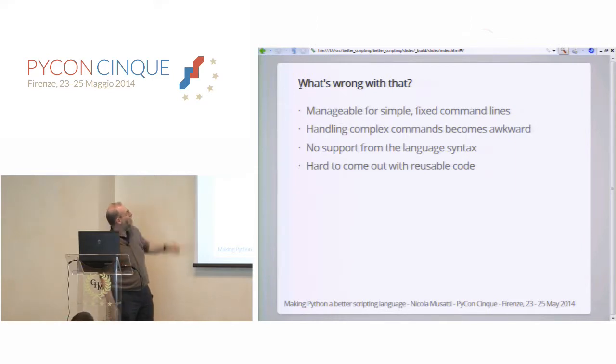But when you start dealing with complex command lines, when you have to build your command line with complex logic, the fact that you are actually composing a string and the meaning is actually lost inside the string is not very convenient. And the language is not supporting you in that. For these reasons, it's not very easy to come out with really reusable code.